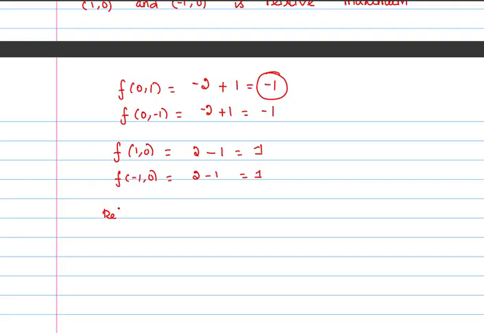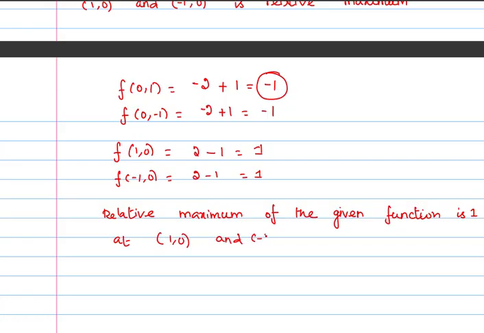So relative maximum of the given function is 1 at 1 comma 0 and minus 1 comma 0.